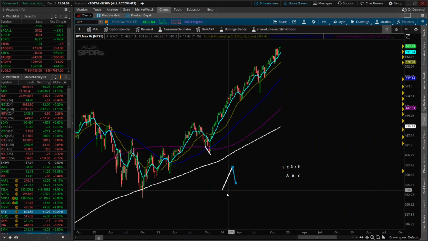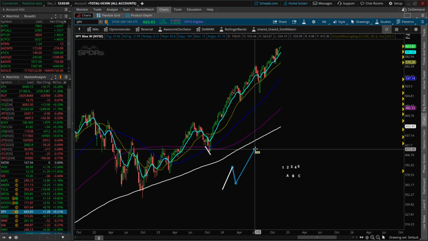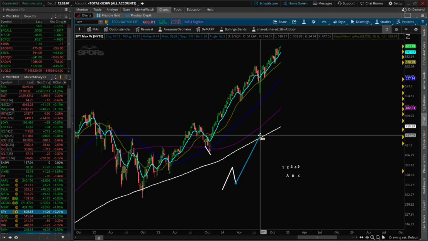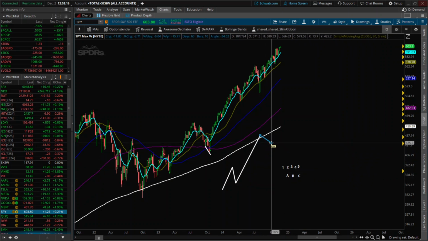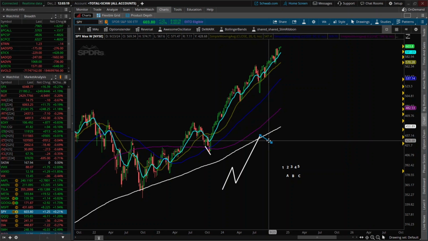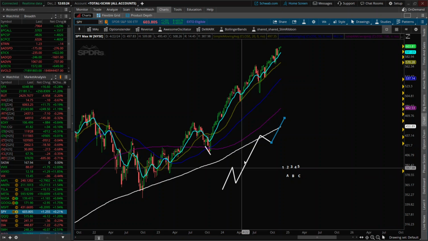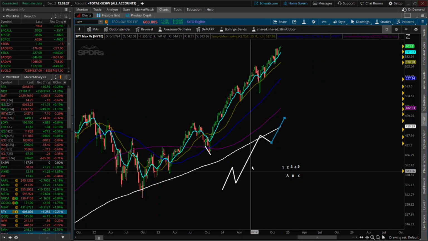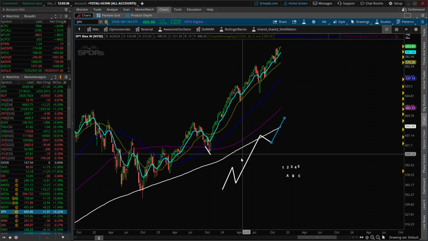But typically in wave 1, you get an impulse, a 5-wave move in this one, and then you get a nice sharp 3-wave move for a correction into 2, and then you get your larger wave 3, and then more of a time-consuming, less sharp wave 4, and finally a wave 5. The only thing we're going to talk about with rules is that wave 3 can't be the shortest.